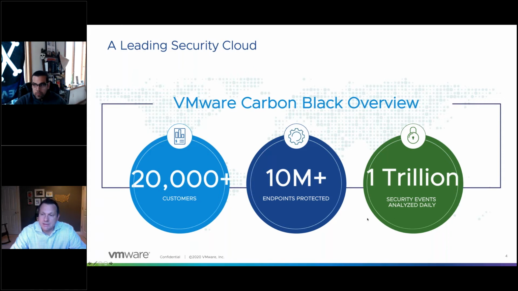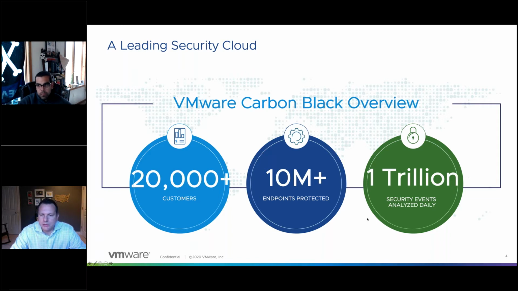So just a snapshot of Carbon Black Cloud as it exists today. Over 10 million endpoints are protected in the Carbon Black Cloud. These are endpoints and/or workloads. We process 1 trillion security events per day. These are things that we evaluate, look for malicious activity, and connect and analyze together in order to understand attacker behavior.